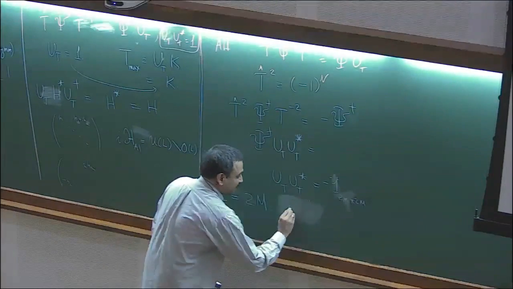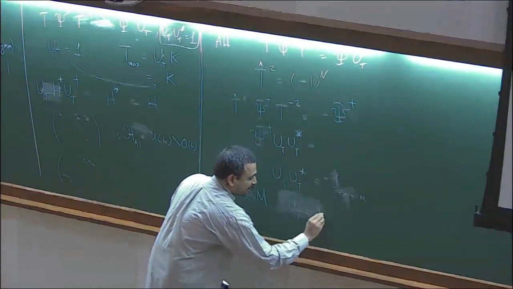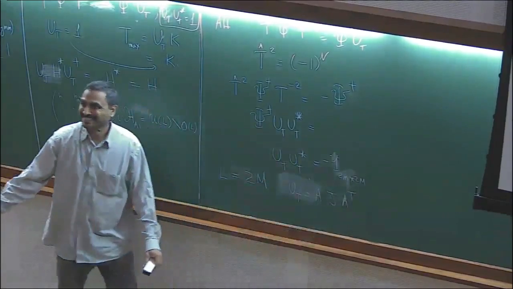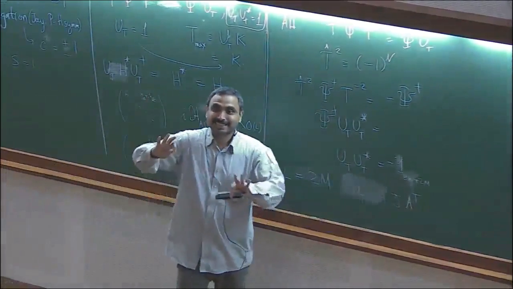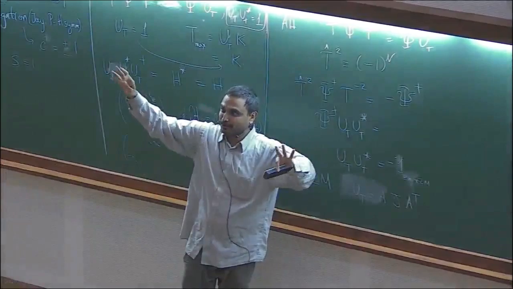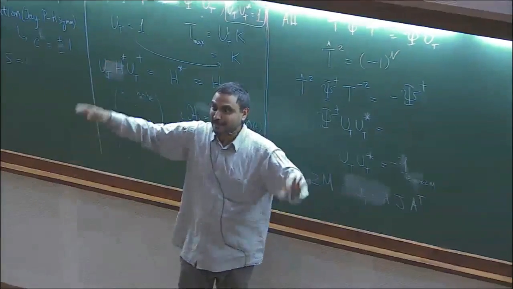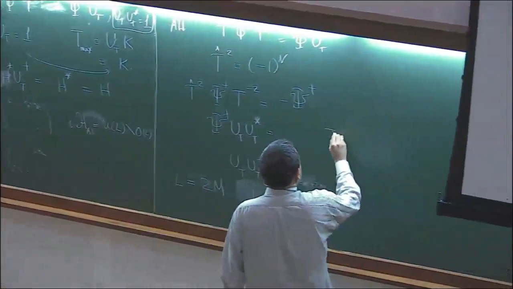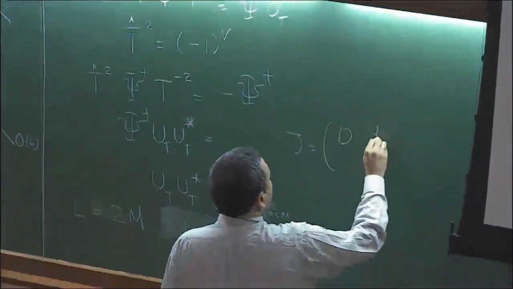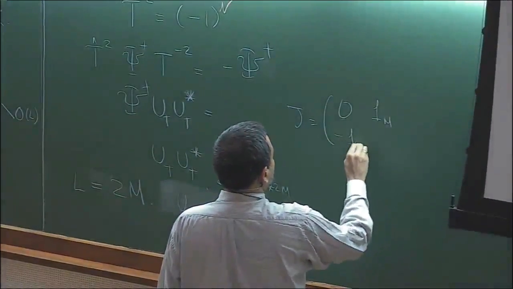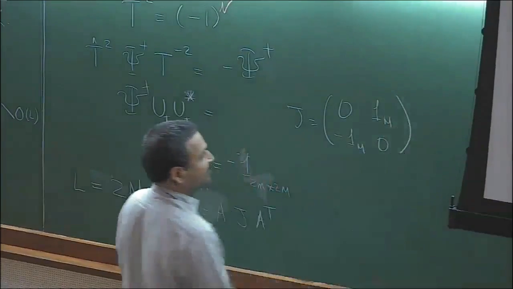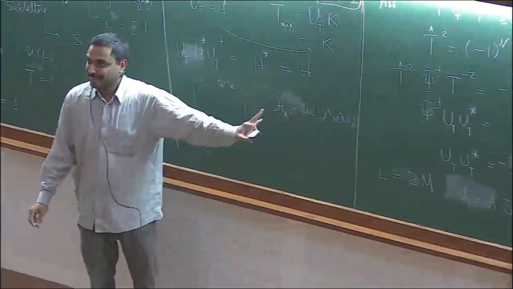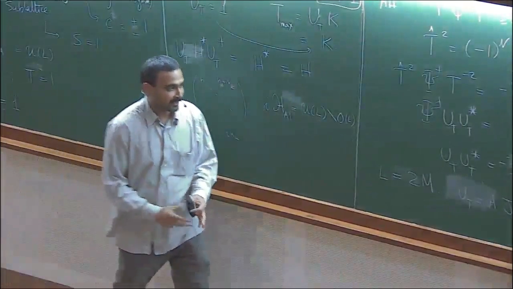So ut can always be decomposed as A, J, A transpose. What is J? J is simply the generalization of the sigma x matrix with m entries, if you like. So what does J look like? J is equal to 0, 1m, minus 1m. So this is again Takagi decomposition. It's just a theorem in matrix algebra.